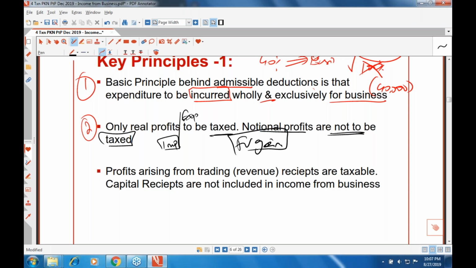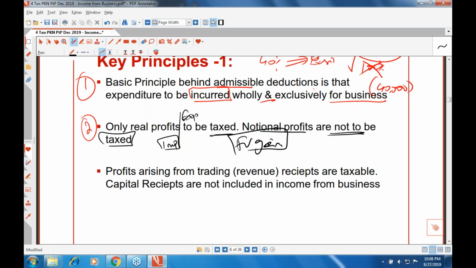So only if you dispose of the property and you get a gain, that gain is going to be added to your taxable income. But otherwise, the notional gain, which is a fair value remeasurement gain, is not included in the income from business.